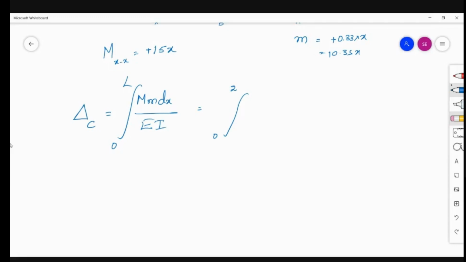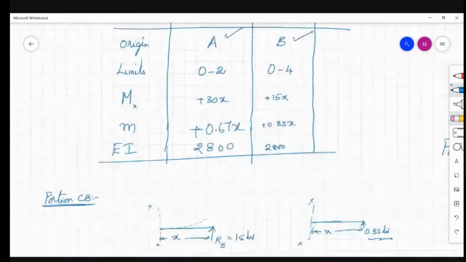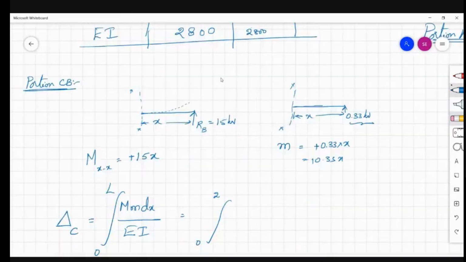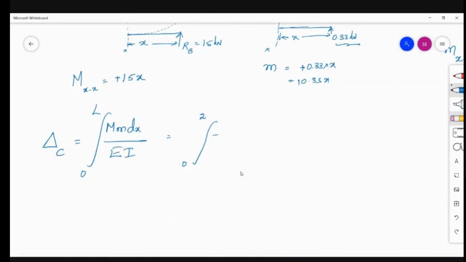One is A to C, which is 0 to 2 length, and capital M for the AC portion is plus 30 into X plus 0.67 into X, into dx by EI.